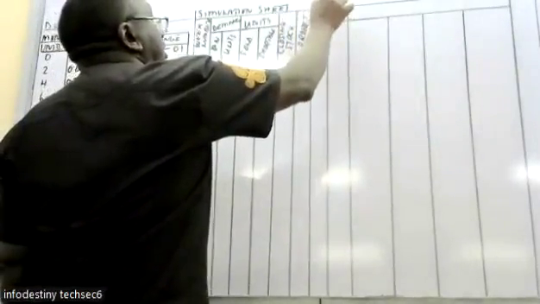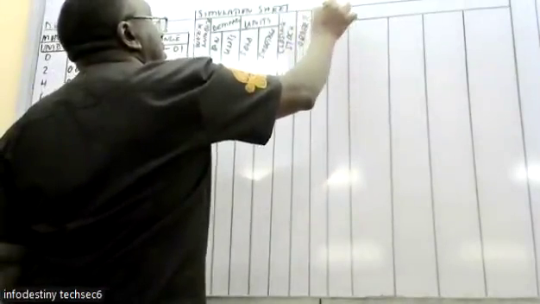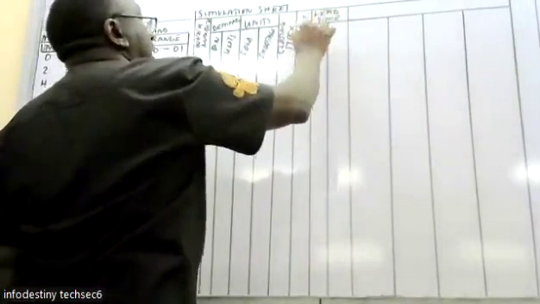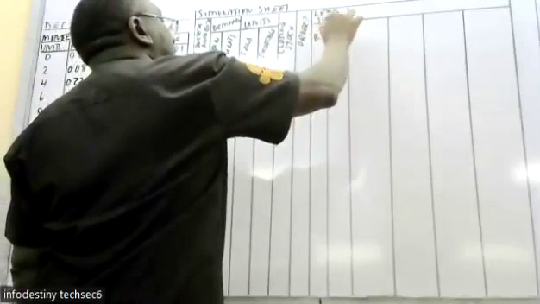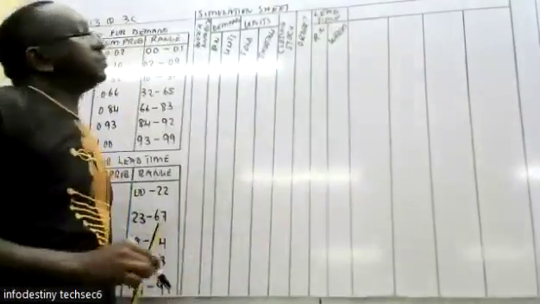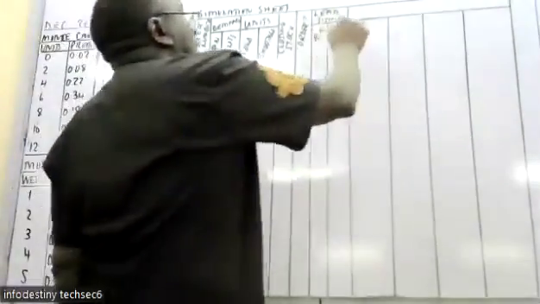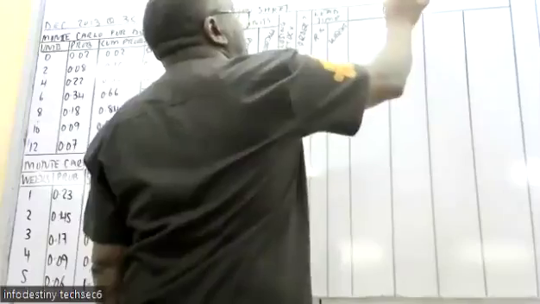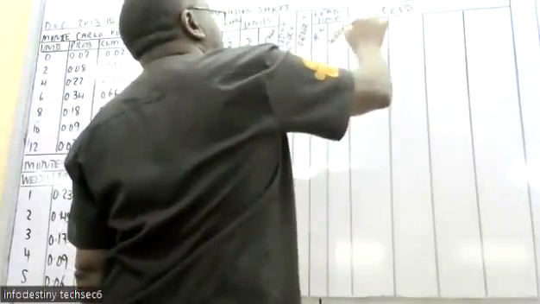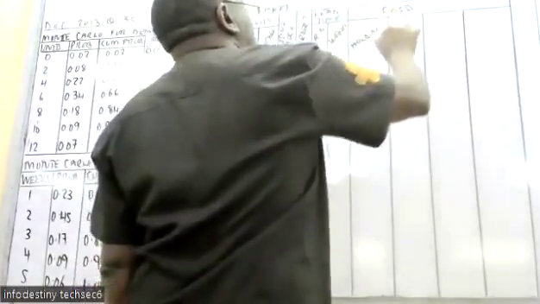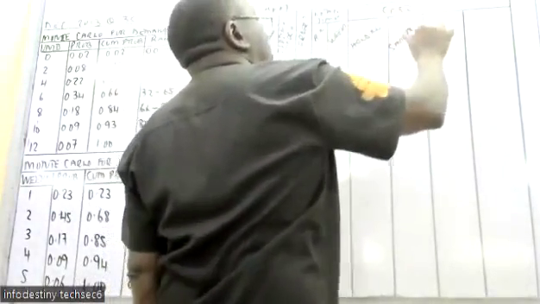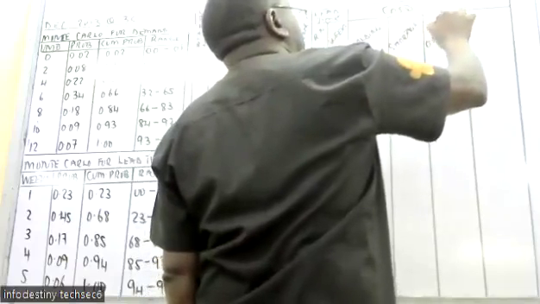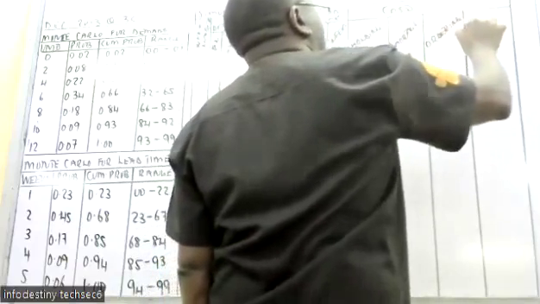Then this is lead time. Lead time, we have random number, and then we have weeks. These are costs here. We have holding, we have shortage, we have ordering, and we have total.